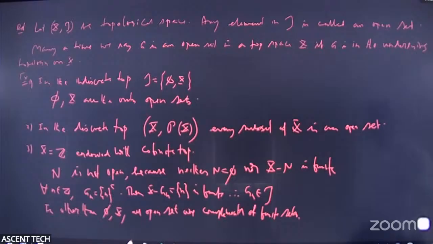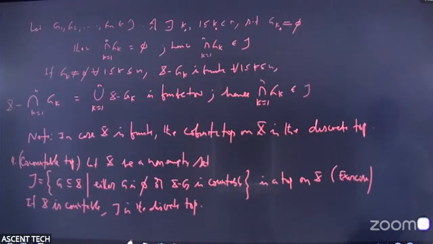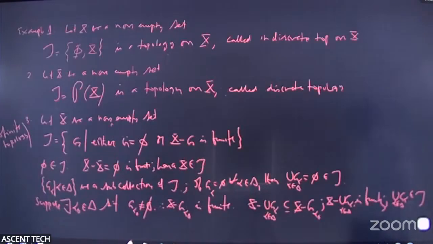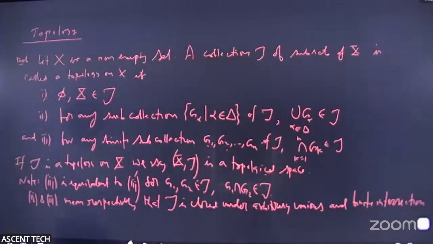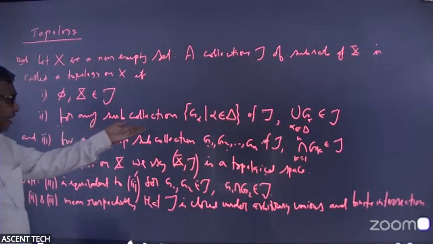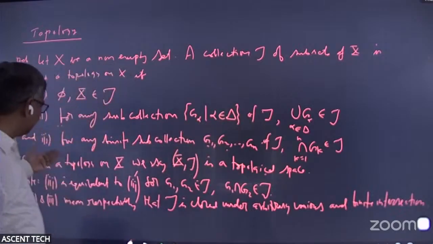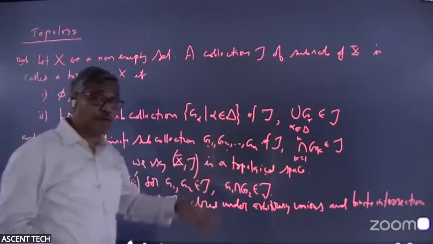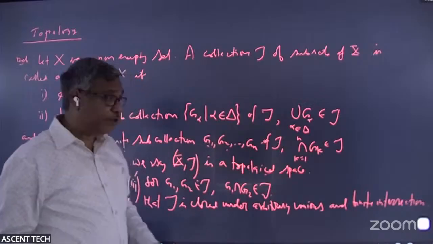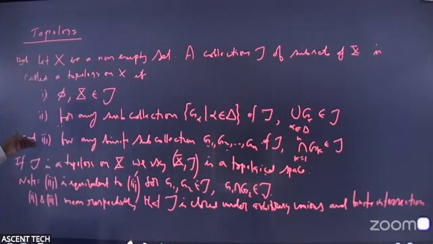And going back, from the very definition, a topology on X consists of open sets. This second condition says an arbitrary union of open sets is an open set. This third condition says that finite intersections of open sets are open sets.